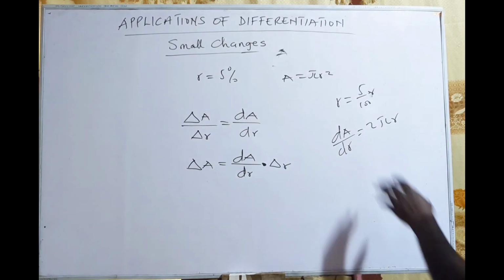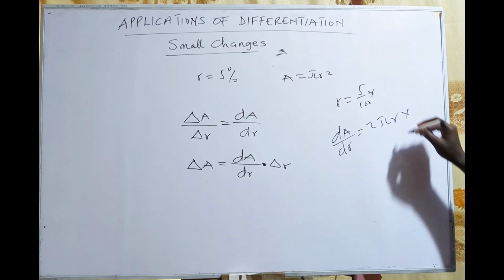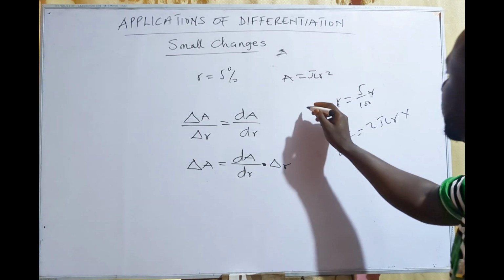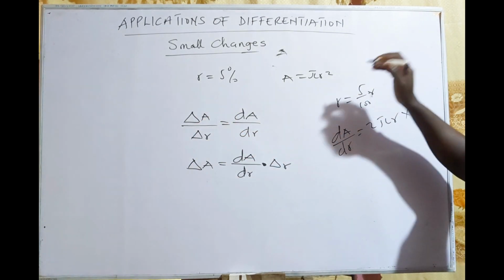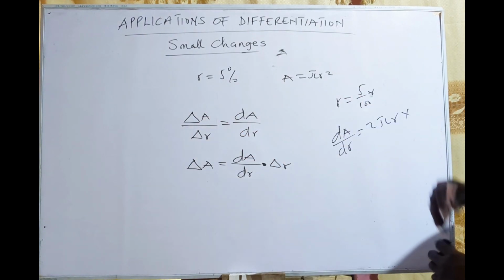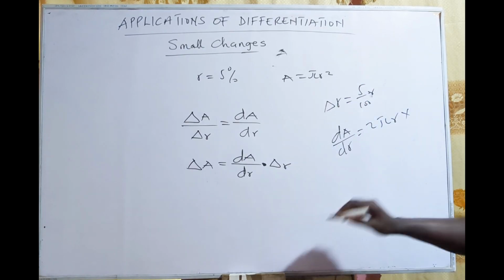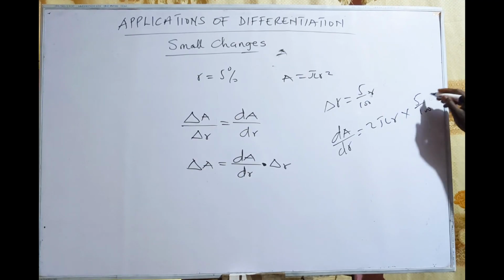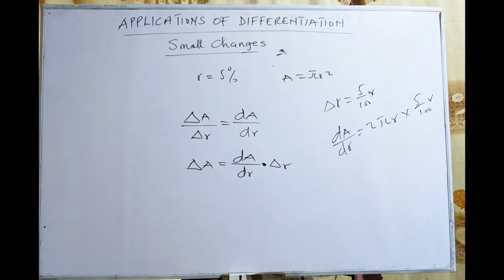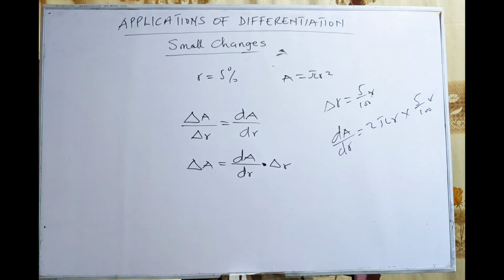Then you multiply dA on dr by the change in the radius. So if the radius change is 5%, and the value of the radius is r, that will be 5 over 100 multiplied by r, and this will be the change in the radius.